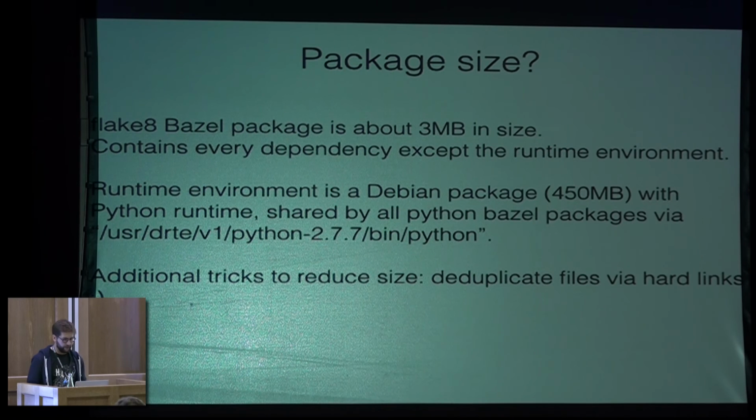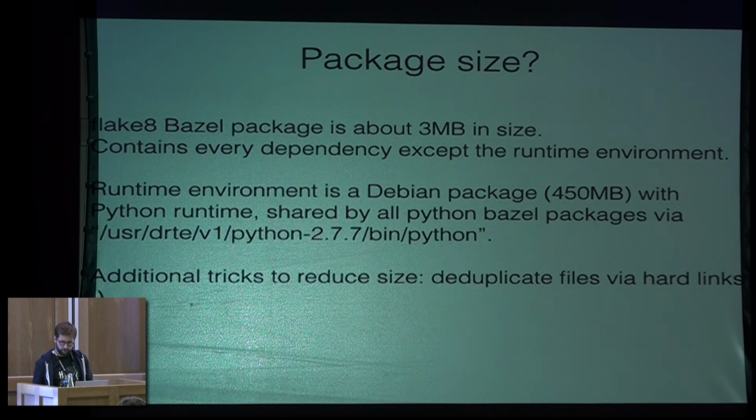So let's talk about the package size. Since every package contains all the transitive dependencies, the packages might be really big. Currently Flake8, a popular Python library to lint code, takes about 3 megabytes in size. It contains every dependency, which is not that many, except the runtime environment.